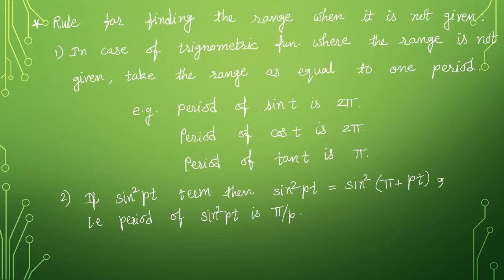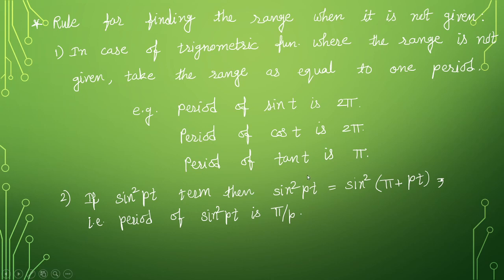Now, an important rule: when the range is not given, that means the upper limit and lower limit are not given, in that case we consider the period of that function. That means the period of sin t, we know its value is 2 pi. Therefore, for the complete period, we consider limits of integration from 0 to 2 pi.